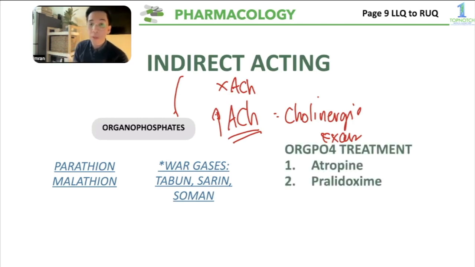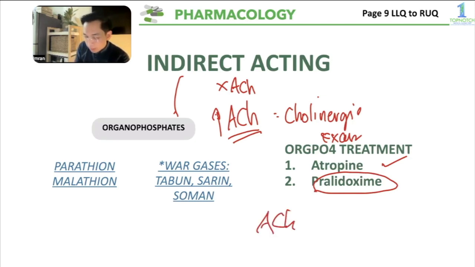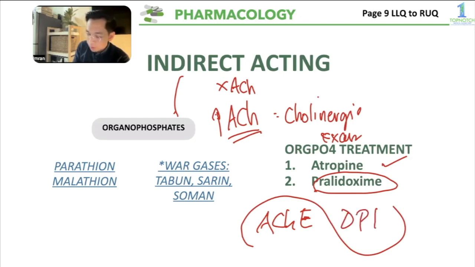So the treatment for your organophosphate poisoning is atropine, kasi it's a blocker of your cholinergic nervous system, and also pralidoxime. Your pralidoxime, what it does is it prevents yung aging ng pagbind ng acetylcholinesterase with that of your organophosphates.